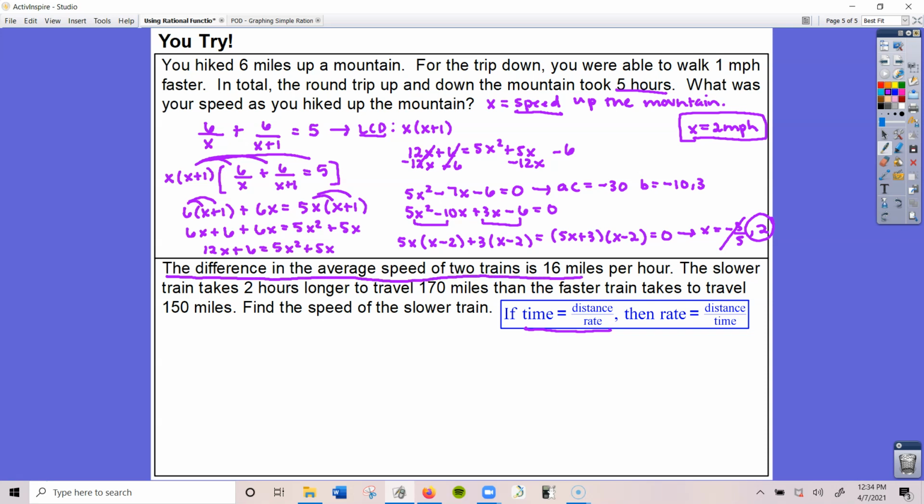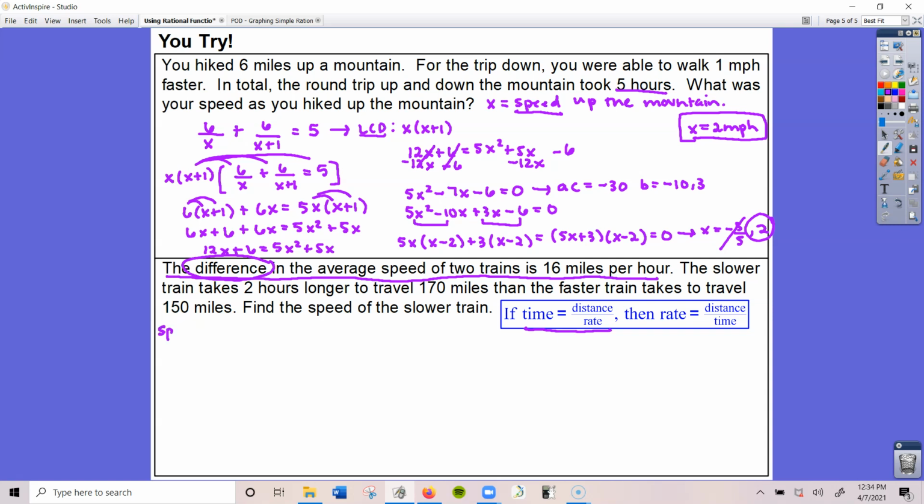The difference between the average speed of the two trains is 16 miles per hour. Difference meaning subtraction. So this means that if I were to subtract the speed of the faster train minus the speed of the slower train, you're going to get 16 miles per hour. Since the faster train is going to go faster, that's why we do the faster train first minus the slower train. So let's write that out so we can kind of just get an idea.